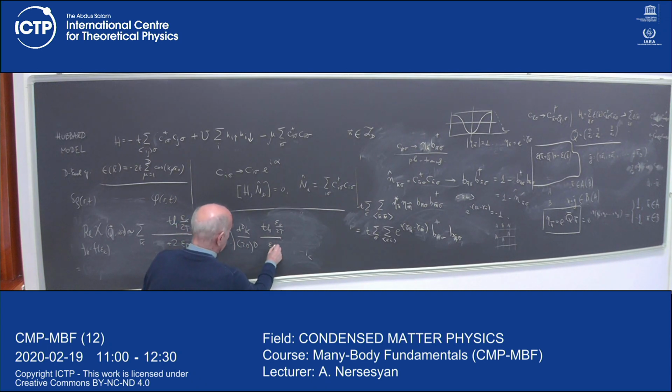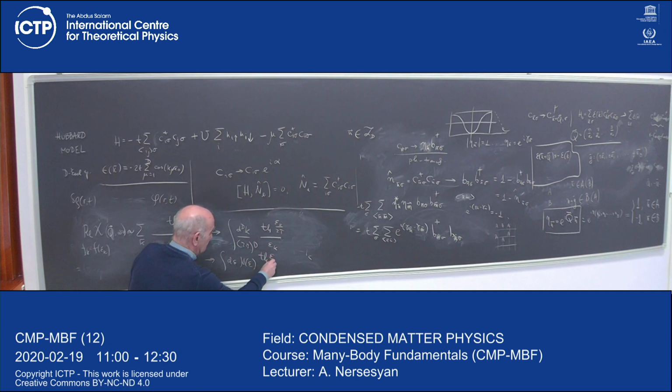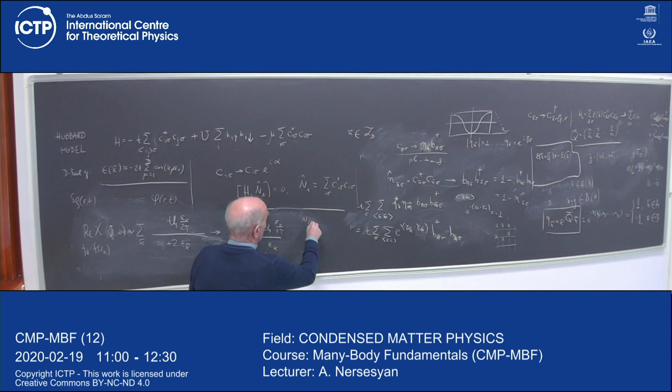I get rid of this 2 as well. The good point is that the dependence on the momentum is only via the energy. So therefore I can reduce this integral to the integration over energy, the density of states, and the function which I have. The density of states is just your integral over d^d k over 2 pi to the power d, and the delta function, epsilon minus epsilon of k.